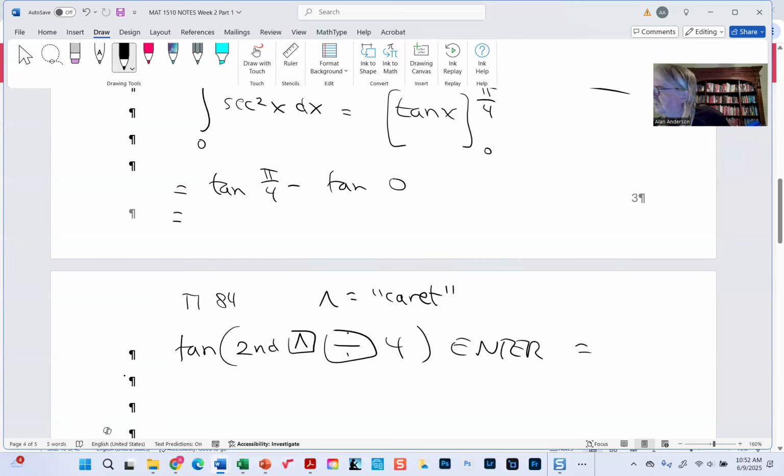What do you know? Now you do the same thing with 0. Oh, what am I doing? No, you just type 0. Tangent 0 is 0.